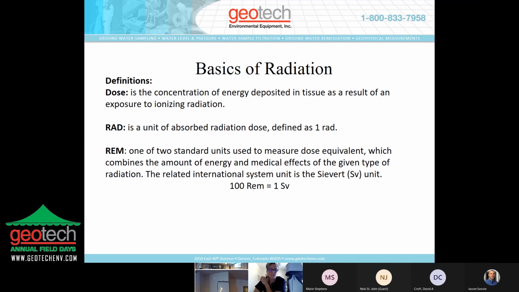And we mostly look at REM to measure exposure, because that takes into account the type of tissue that we're looking at, as well as the type of material that it's coming from. So when you send in a measuring radiation device like a dosimeter, they read out in REM, because it tells you what the effects are on your body.